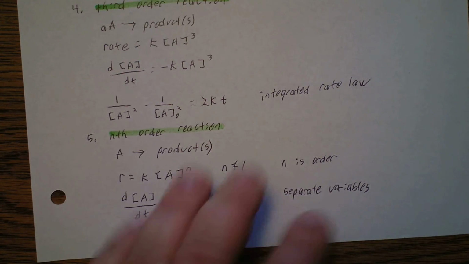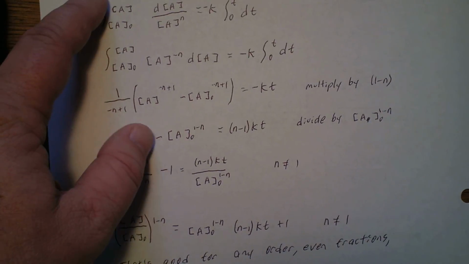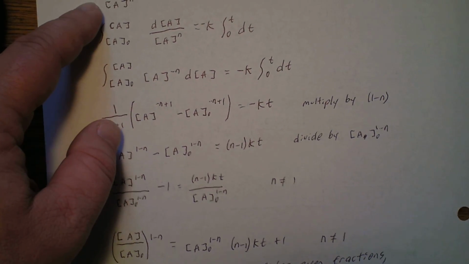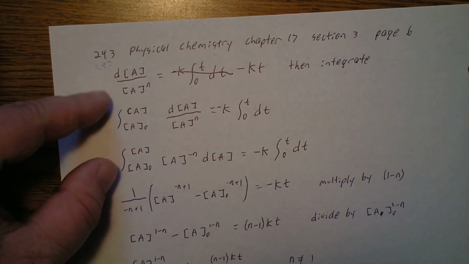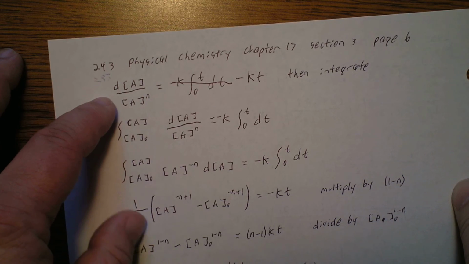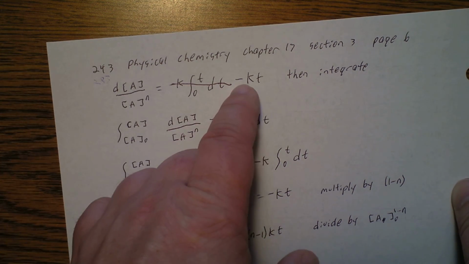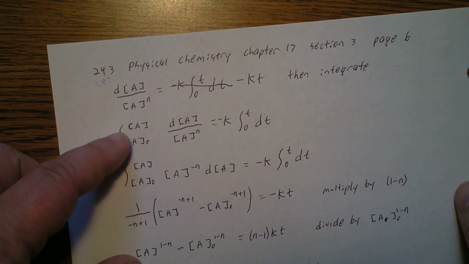So we're going to separate the variables. We'll have the differential of the concentration of A divided by the concentration of A to the n power, and that's equal to minus k dt. Then we can integrate that.